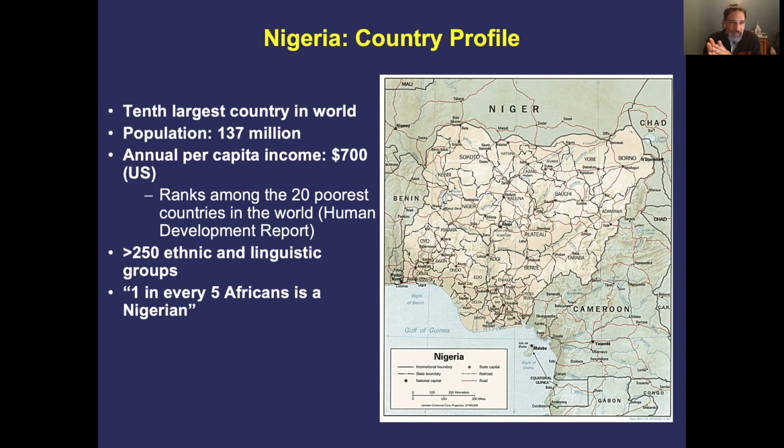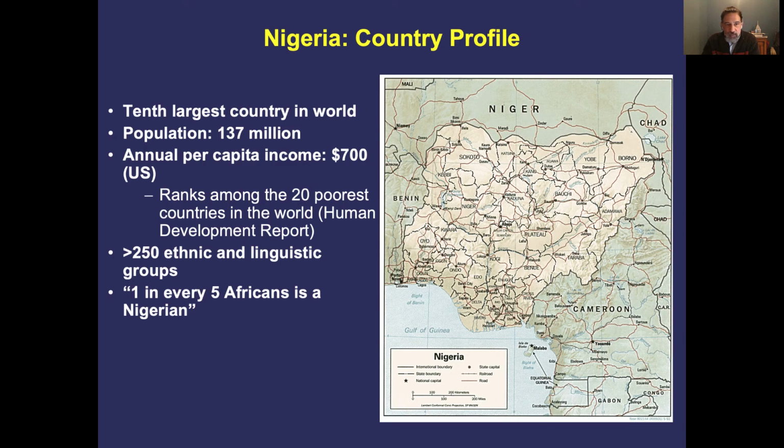So just to set the stage a little bit, Nigeria is a very large country in West Africa, the 10th largest country in the world with a population of more than 137 million. This slide is a little bit out of date. It's actually much more than that. It ranks among the poorest countries in the world, but it's also very diverse in terms of ethnic and linguistic groups.